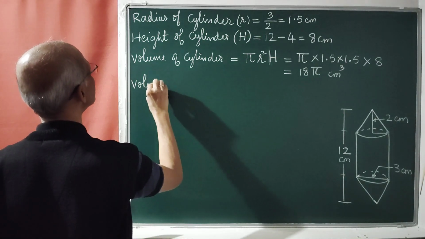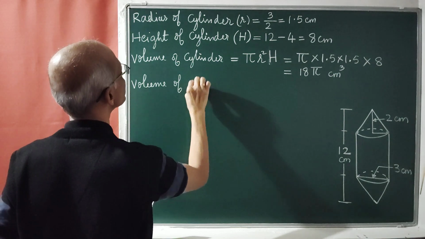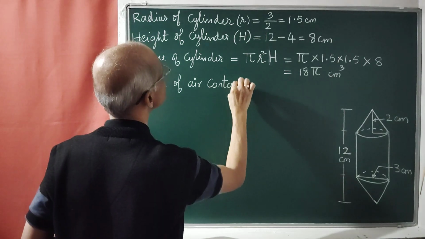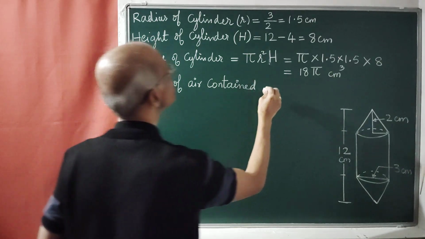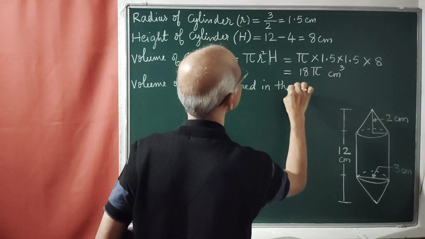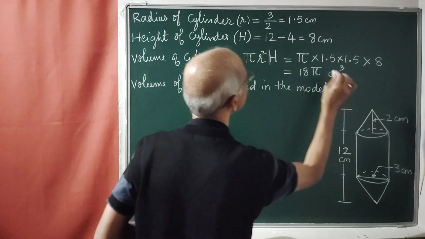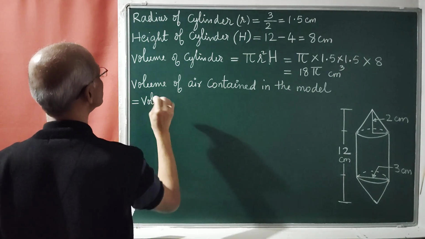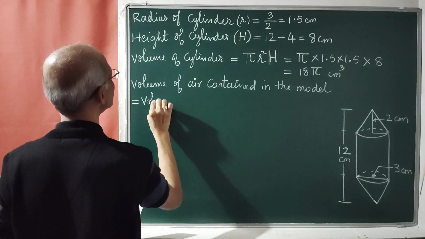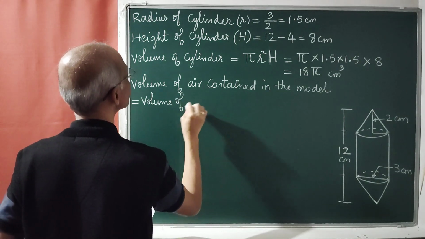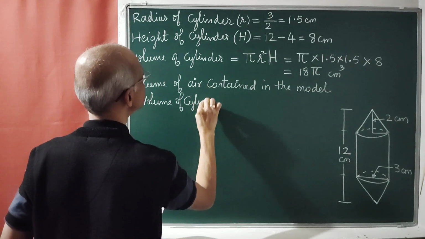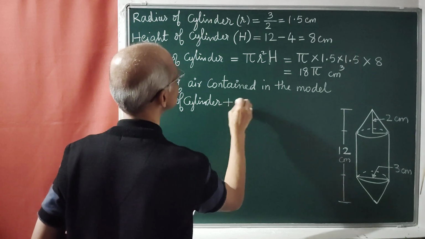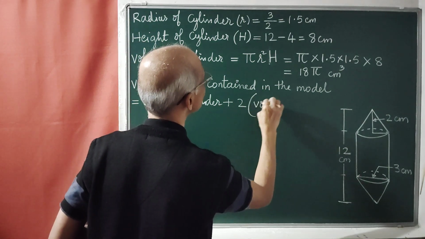Volume of air contained in the model is equal to volume of cylinder plus 2 into volume of cone.